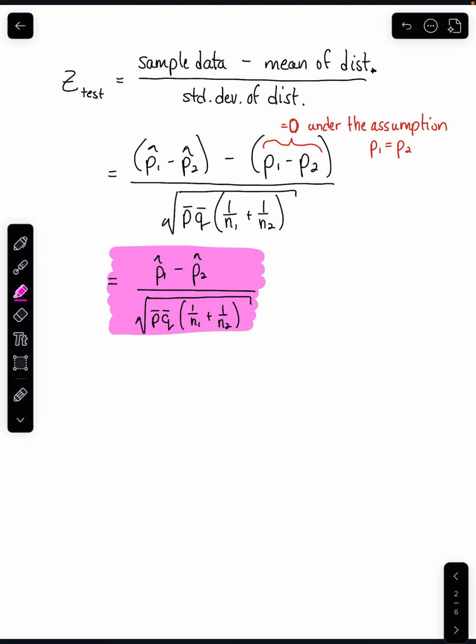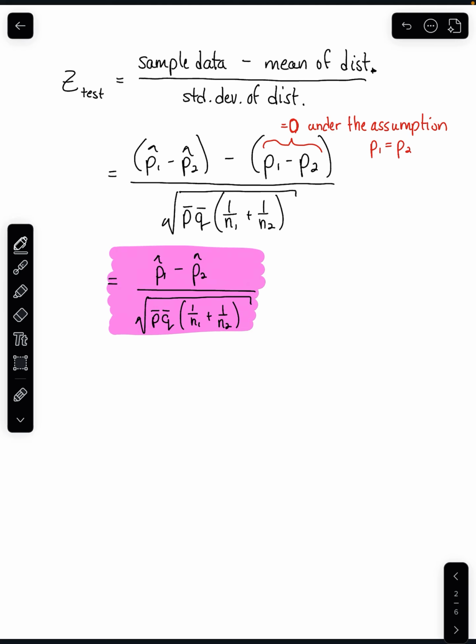The rest of this is going to follow the exact same rules as all of the rest of hypothesis testing. So we're going to start with identifying the claim and using it to write our hypotheses, where our hypotheses will always include, for the null hypothesis, a statement of equality between the two population proportions.